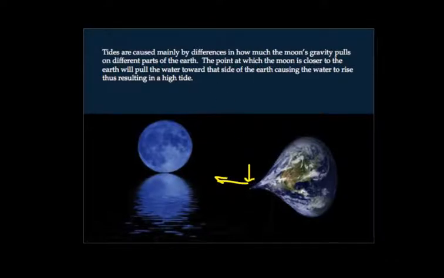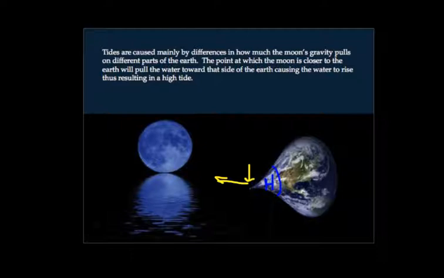So the result would be a high tide over here, because it's creating a stronger pull on the water. The water on this left side of the Earth is the closest point to the moon, so that's where you're getting the strongest gravitational pull.